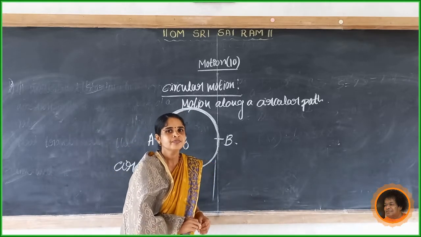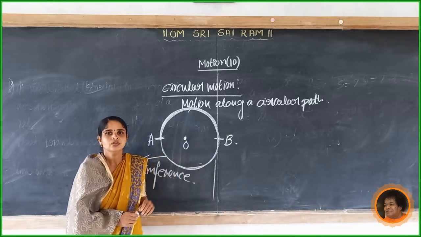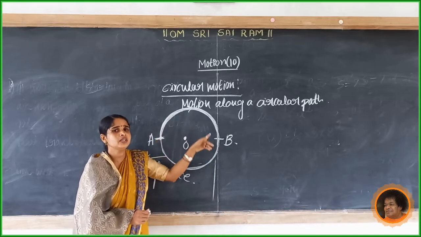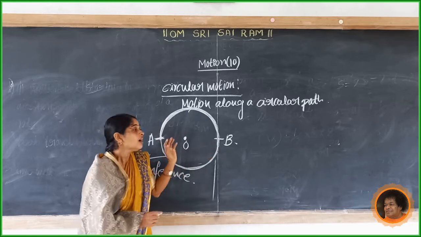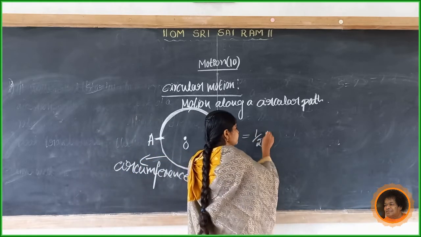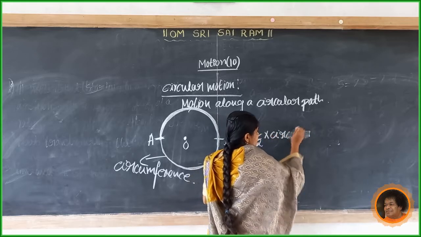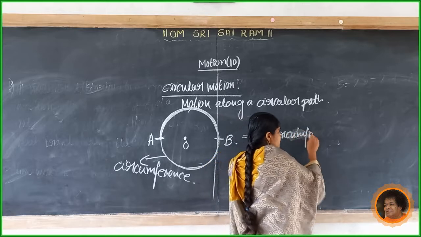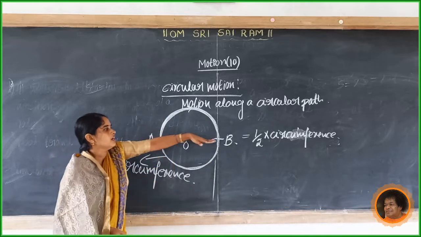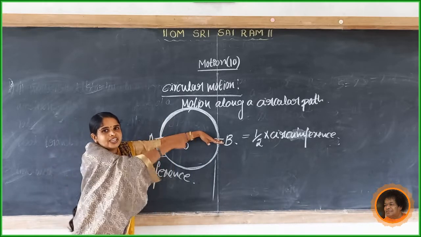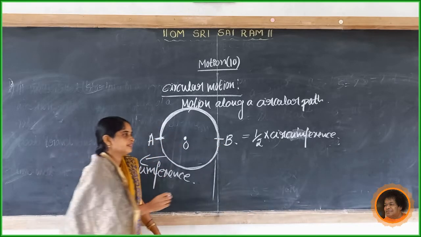Distance travelled means it is the actual path length travelled by the body. Here A to B, it is half into circumference. It covers only half cycle. So distance travelled equals half into circumference.